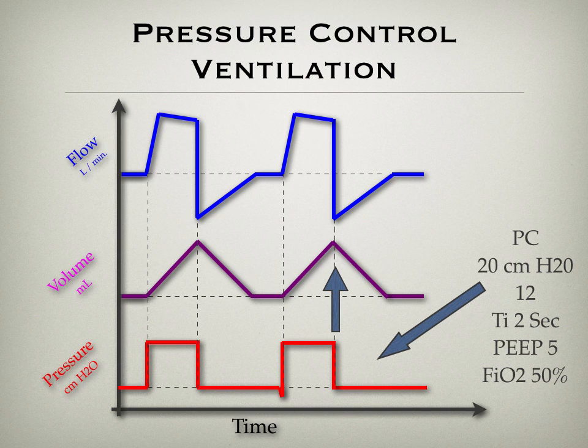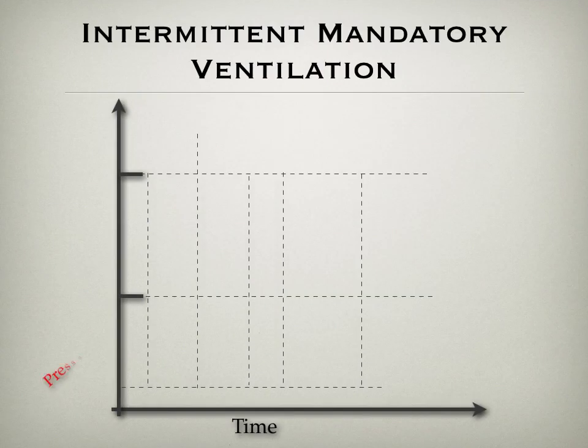Now, to avoid the ventilator supporting the patient with every breath, we may want the ventilator to deliver only the set rate at the set tidal volume, but not more. So if the patient triggers in addition, the patient does not get support. We call it intermittent mandatory ventilation. Intermittent mandatory ventilation is the same volume mode.